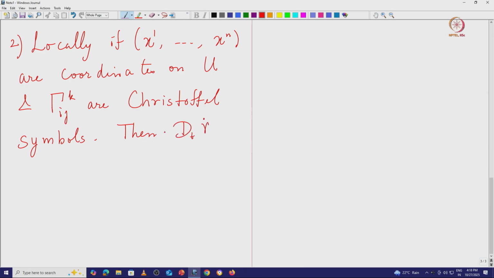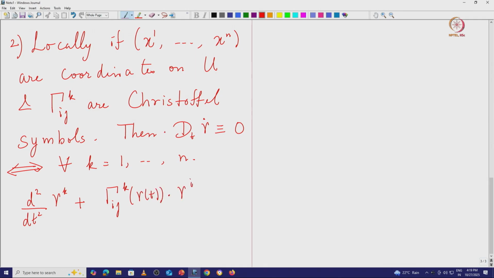Then the geodesic equation, which is this intrinsic acceleration being identically 0 in terms of these local coordinates, translates to the following equation: for all k from 1 up to n, you take d squared by dt squared of the kth component of gamma plus Gamma^k_{ij} of gamma of t times gamma^i dot of t gamma^j dot of t, this is 0.